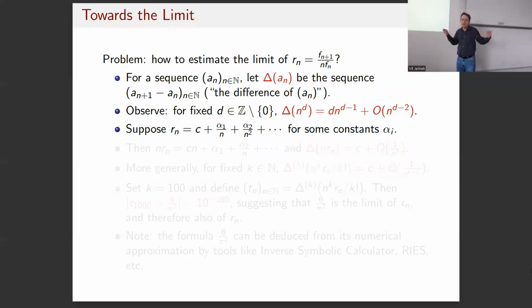I mean, not every sequence which approaches the limit c will have this particular form, but it's a reasonably general form so that I may hope that my sequence will have this form.